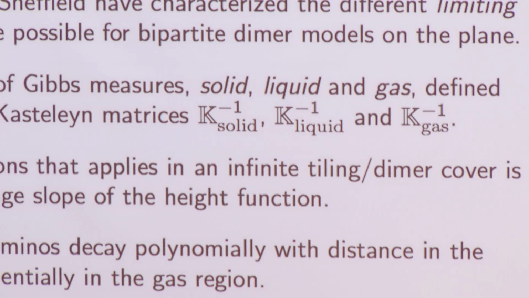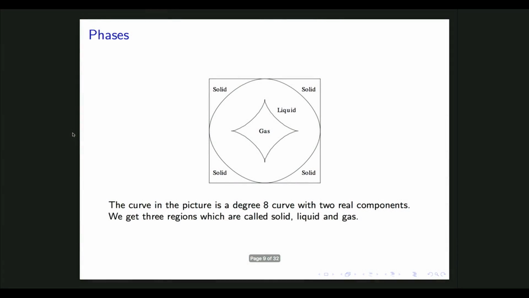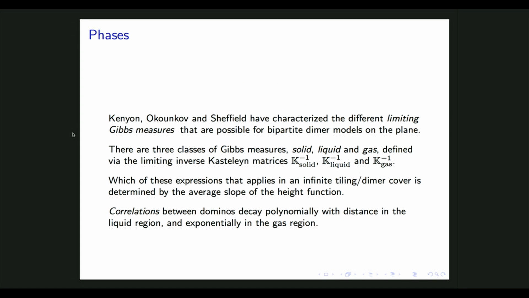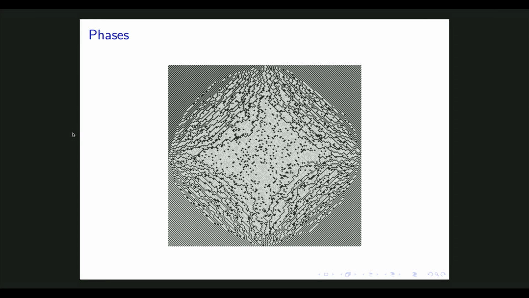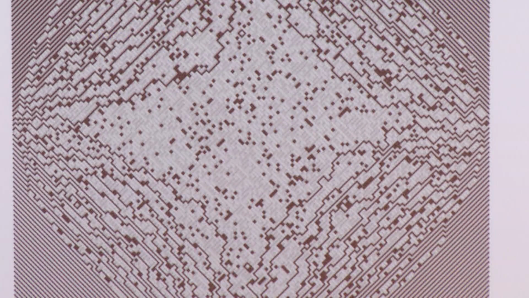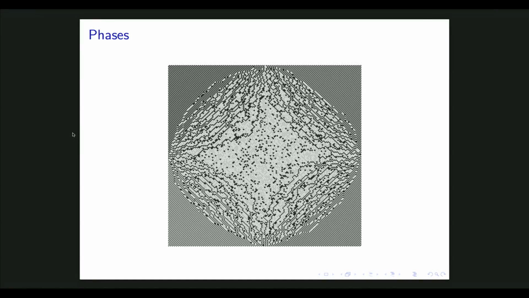Whereas in the gas phase that we had in the middle here, they decay exponentially. So this is much more disordered, which you could somehow see in the picture also, right? You see here in the liquid region, we have this connected long-range structure, whereas here it's much more local. Here in the solid, it's completely correlated, right?